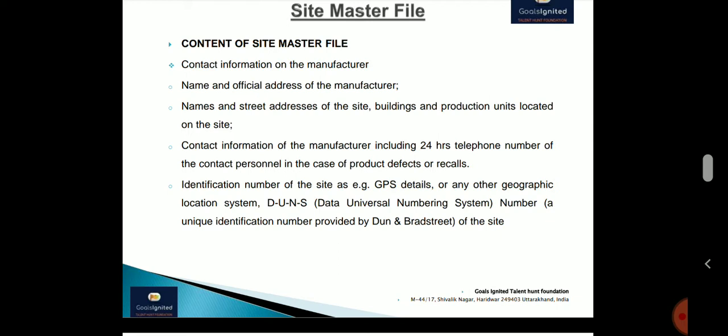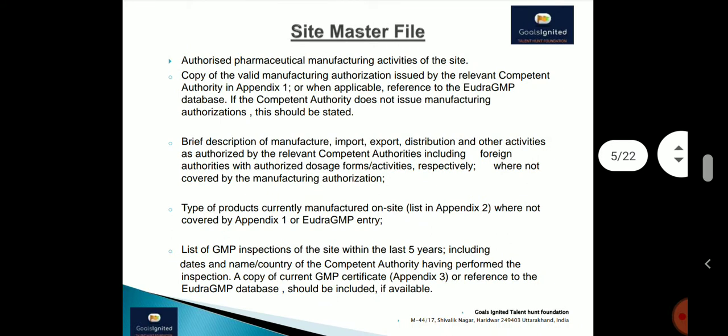DUNS is specific to each location of the site, so that is given by the GPS. It also is required to be mentioned in the site master file, so that a person sitting in some other place can easily put this DUNS number in the system and locate the site. So the DUNS number is required to be mentioned in the site master file as an update of the regulatory requirement.